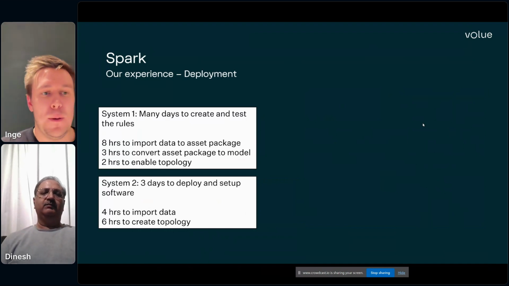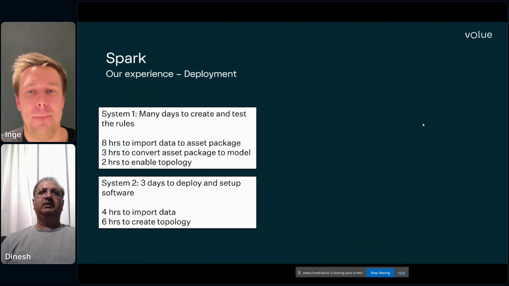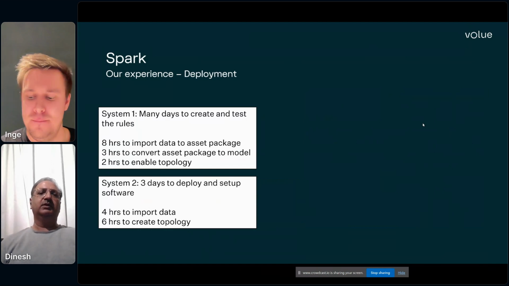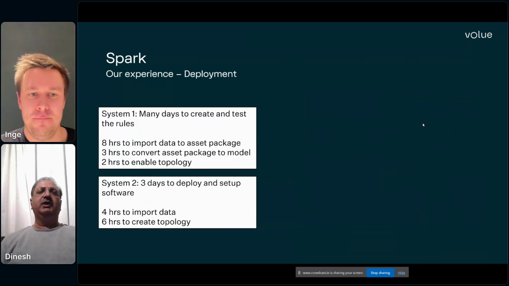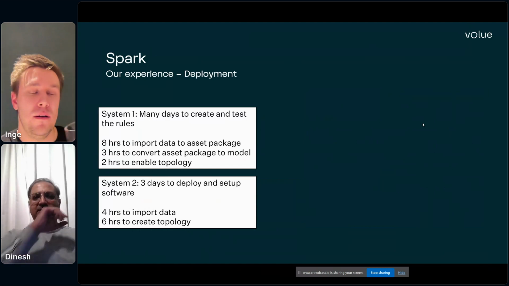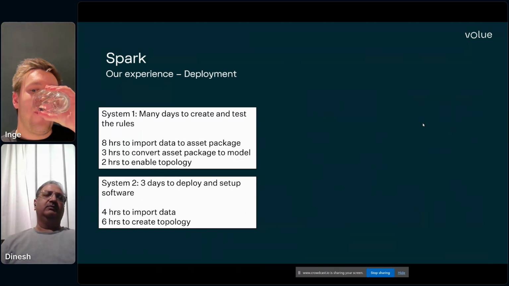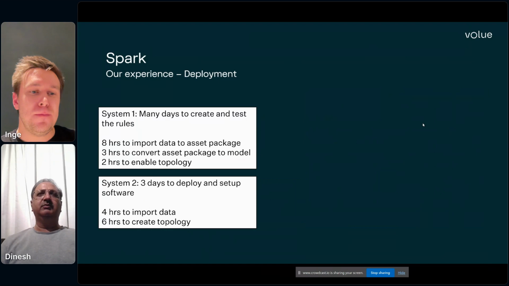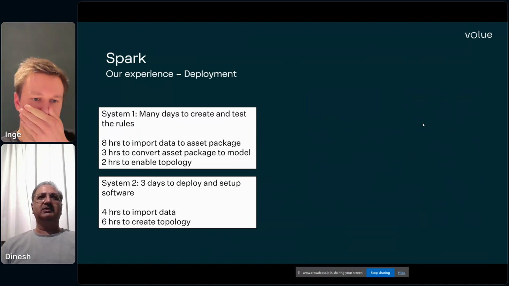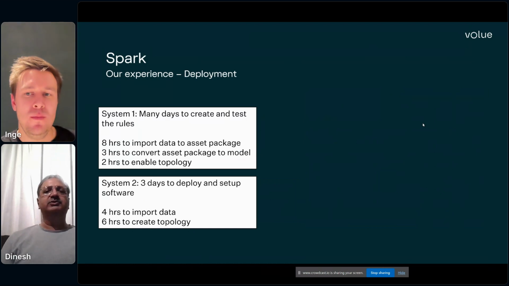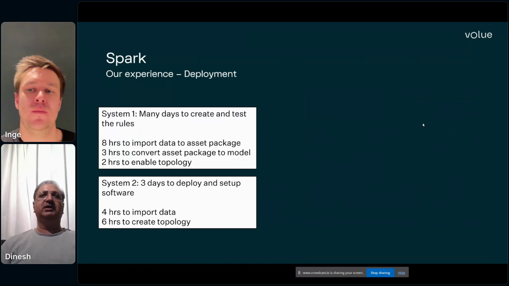Dinesh: Yeah, I had been working with other CIM systems many times, and my experience with them is that earlier I worked with one system which took many days to set up, create the rules, and test the rules, making sure that everything is perfect, and then you start importing the data.